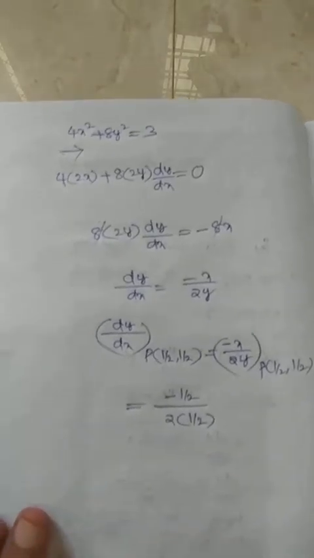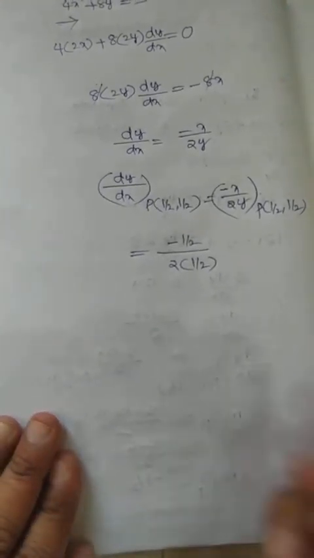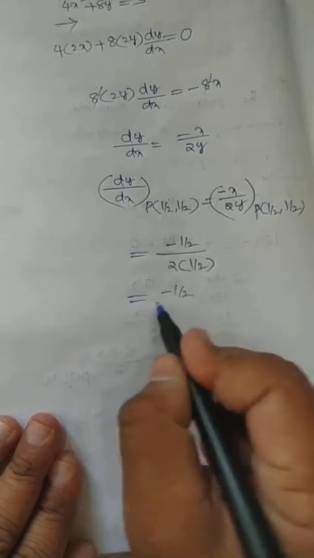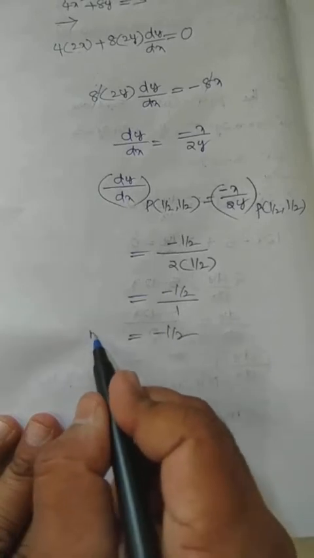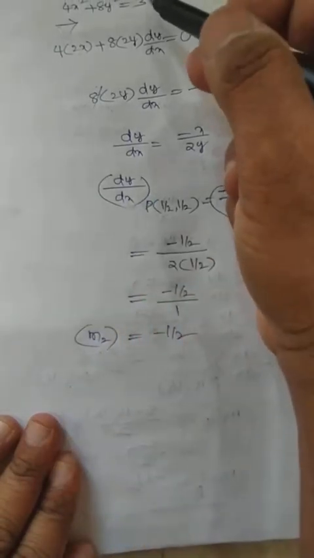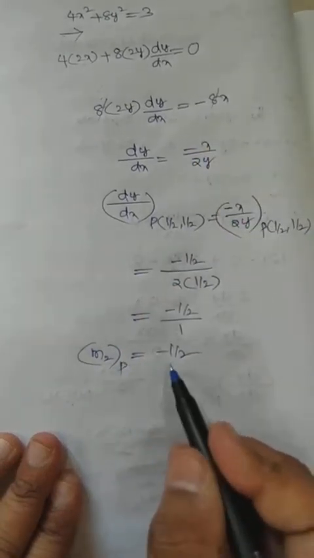The 2 gets cancelled. Minus 1 by 2 by 1, that is equal to minus 1 by 2. m2, the slope of the tangent line to this curve at P, is minus 1 by 2.